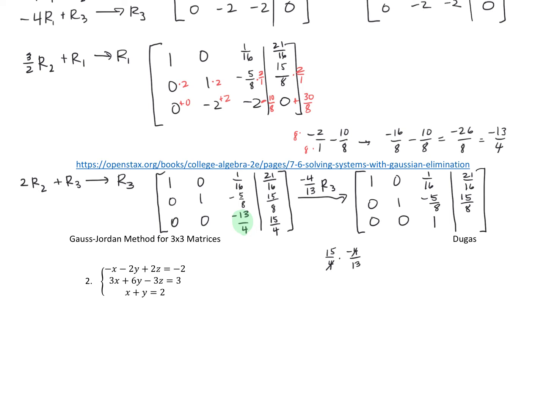The 4s will cancel out, so it'll be -15/13. All right, so the good news is the third row, and I do mean row, is done because we have 2 zeros and a 1, and then we know what z is, right? Because that third row tells us that z equals -15/13. And so now to finish up, we just want to make everything above that 1 be a 0 so that we can easily see the values for x and y.